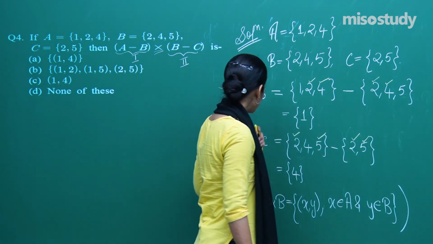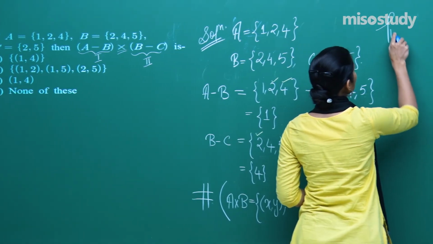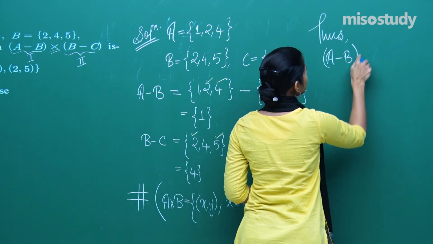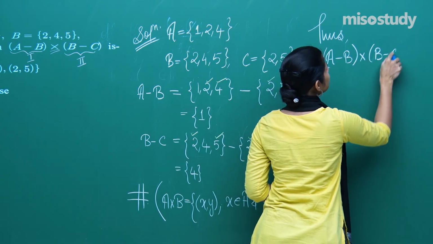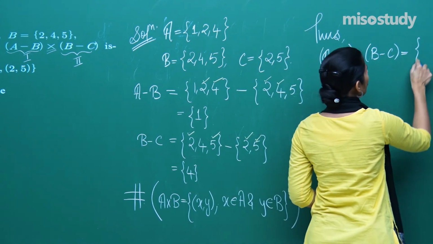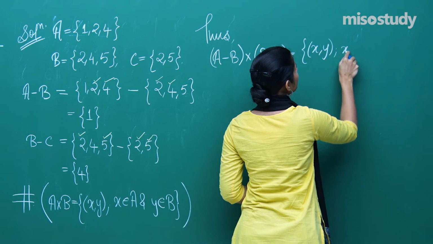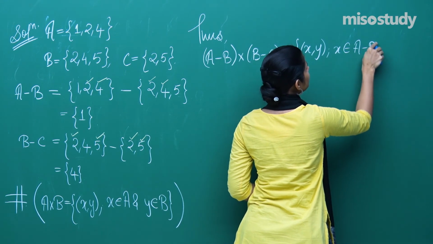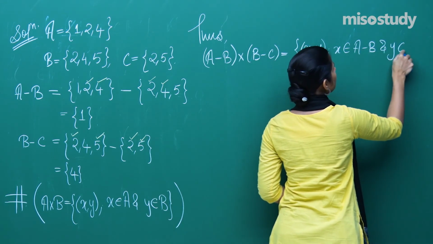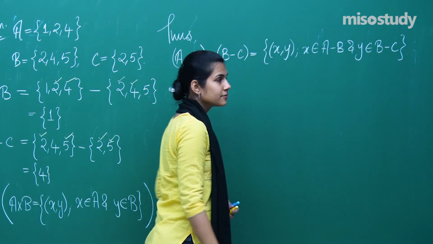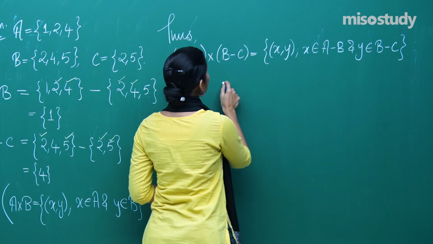And therefore A minus B cross B minus C is the set of all those ordered pairs such that the first component comes from the first set and second component comes from the second set. But what is A minus B?